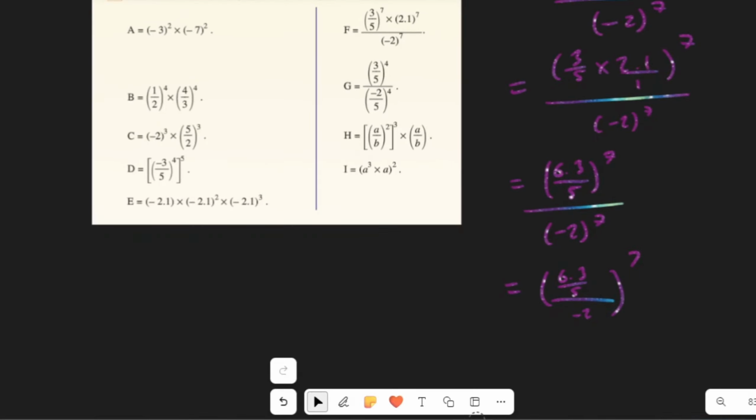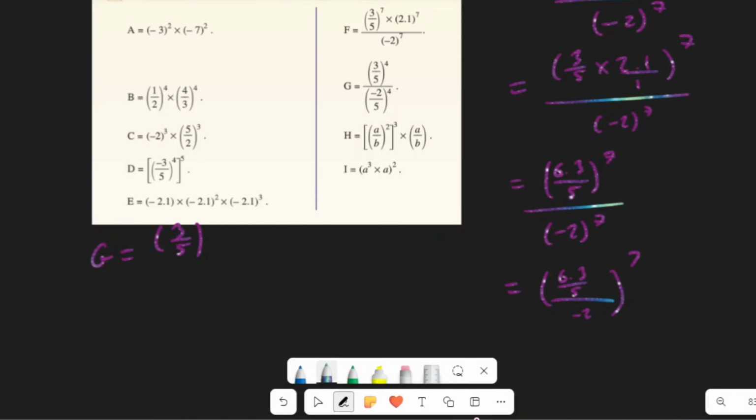Now let's work on part G. So for part G, we have (3/5)^4, and all this is divided by (-2/5)^4. To simplify this, you need to remember a rule where you can transform the division sign into multiplication by flipping over the fraction.